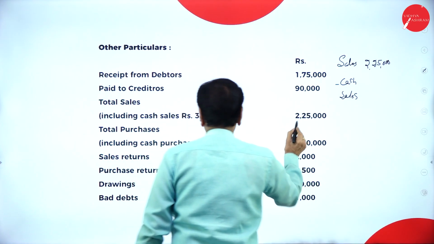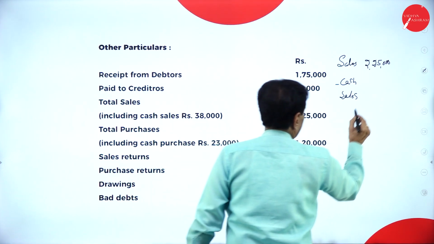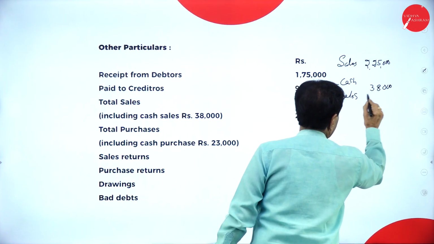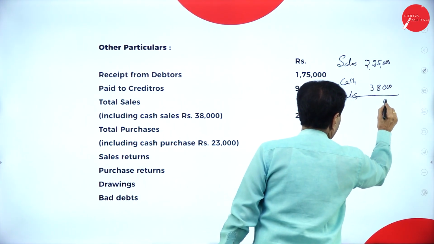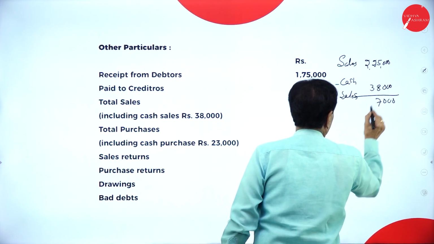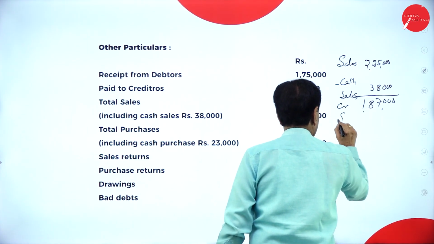Total sale 2,25,000. What's your cash sale? It is 38,000. Deduct 38,000, and 1,87,000 is the credit sales.